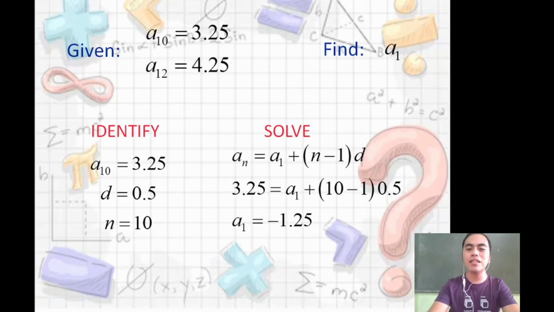Your n is 10 minus 1. What is the common difference? 0.5. And you have to maneuver the equation and you will come up with a sub 1 is equal to negative 1.25. Very good.